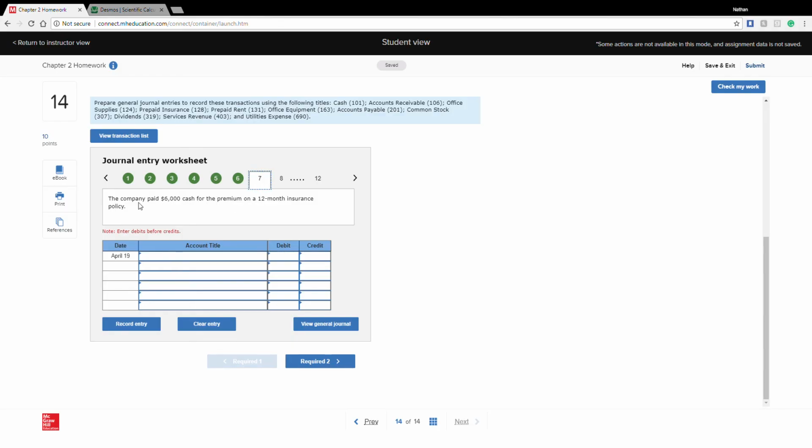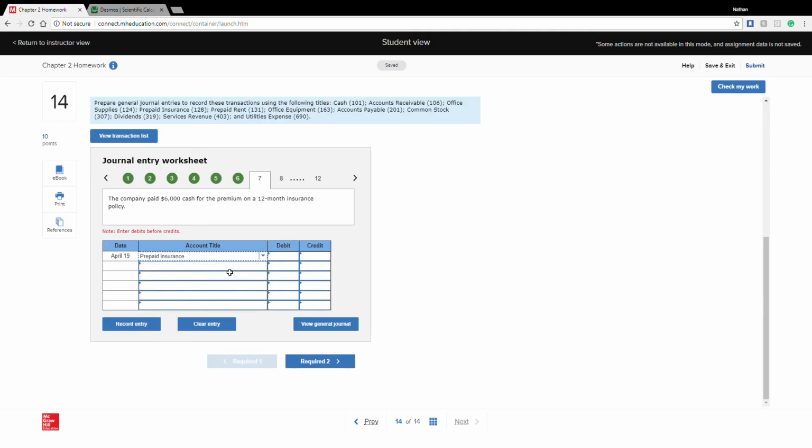7. The company paid $6,000 cash for a premium on a 12-month insurance policy. So again, we paid for an insurance policy that we have yet to expense. Anything that deals with a long-term time is prepaid.